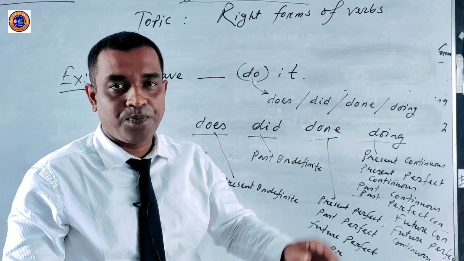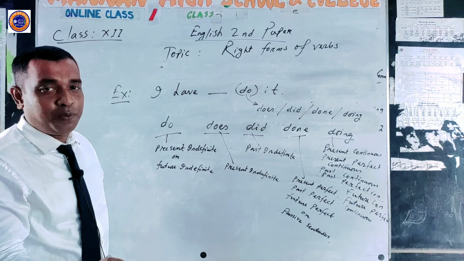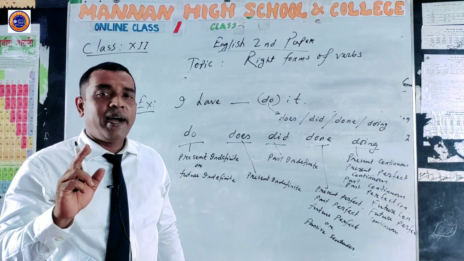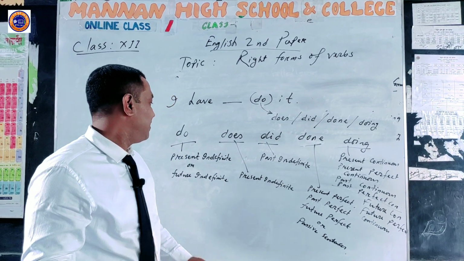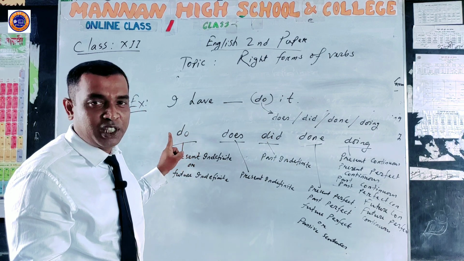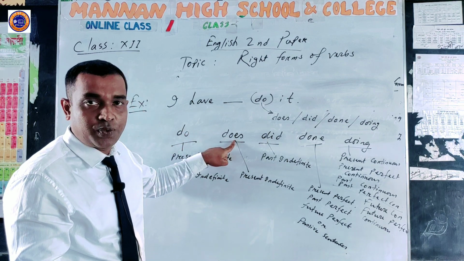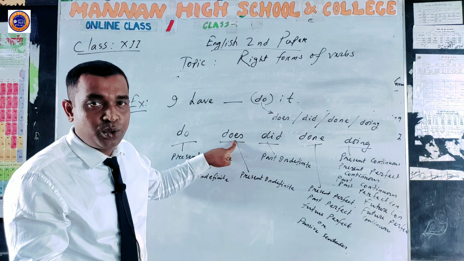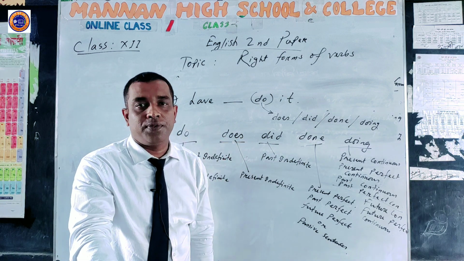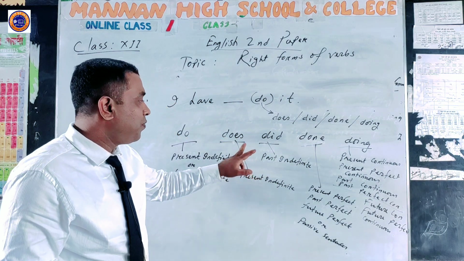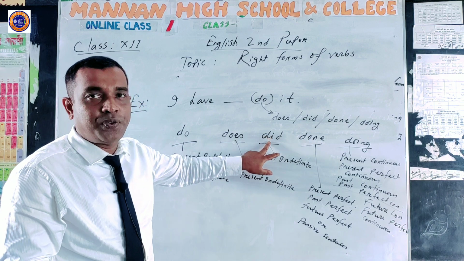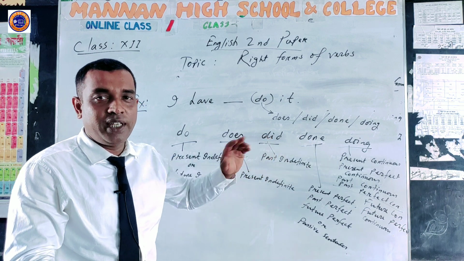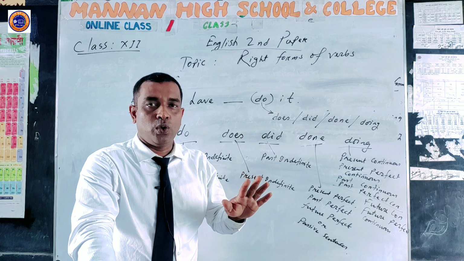Do you understand this? So you have to keep in mind another thing: if you use the base form or S or ES form, you don't need to use any kind of auxiliary verbs. If you are going to use the past form of the verb, you don't need to use any kind of auxiliaries.